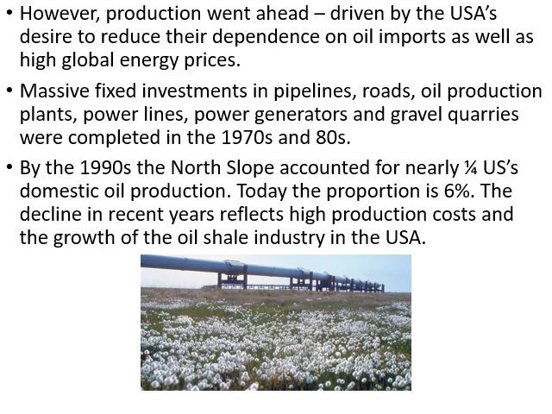There's the pipeline in the picture at the bottom, and this is all because of America's desire to extract their own oil. They would much rather produce their own oil than import it from elsewhere. They want to be independent in terms of their energy supply. So there are pipelines, roads, power lines, and power generators that have been there since the 70s and 80s.